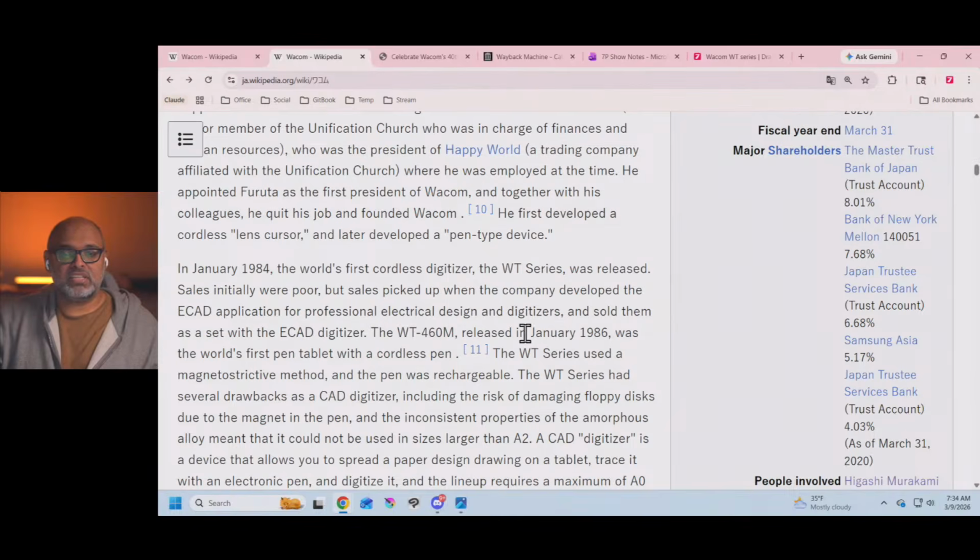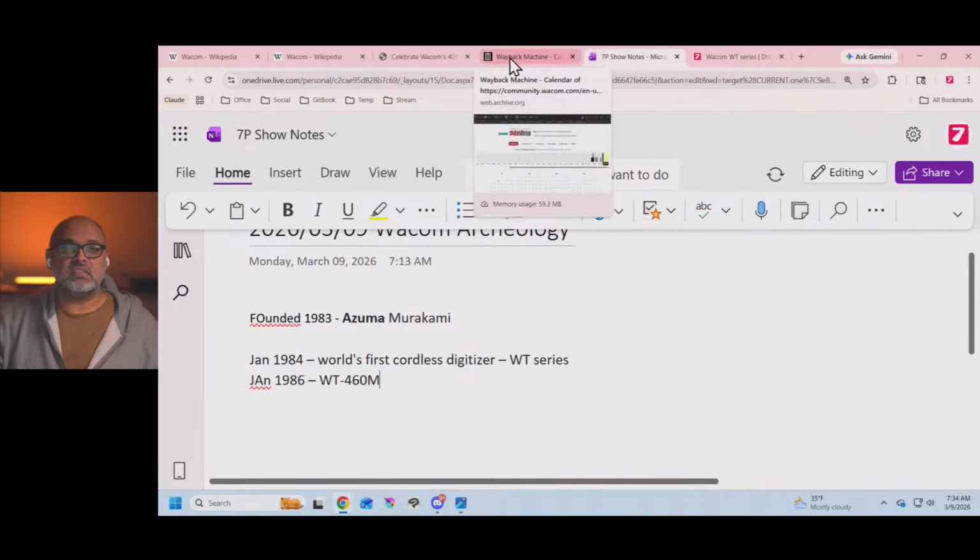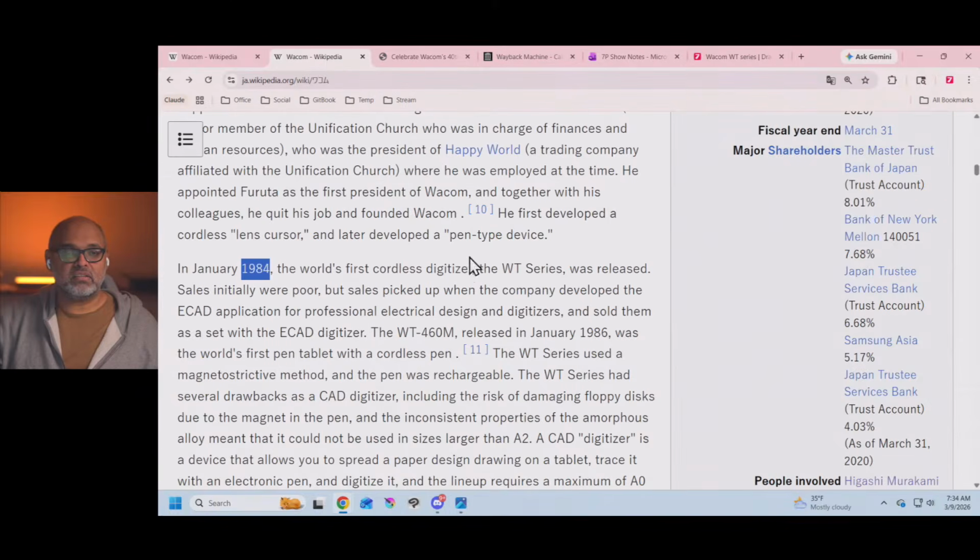Now, the WT460M. This date says the WT series started in 1984. And then it says in January 1986, WT460M. Let's get back here. January 1986.